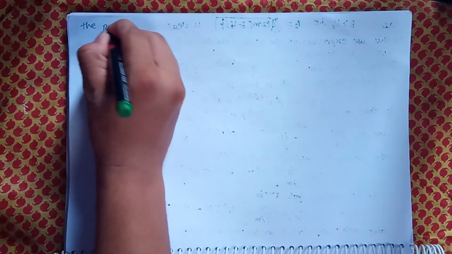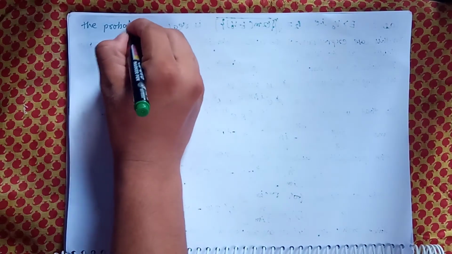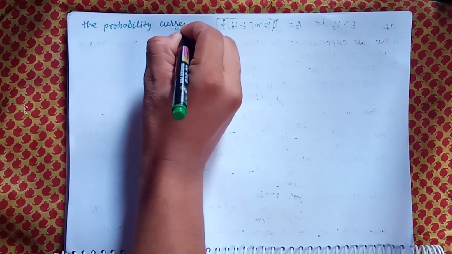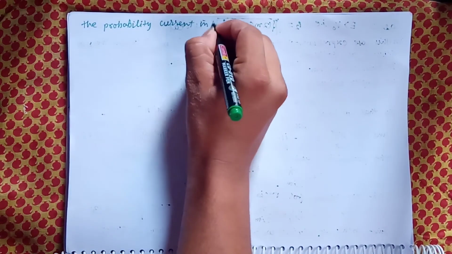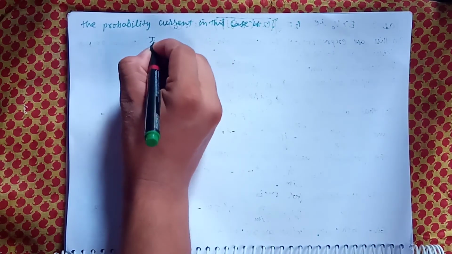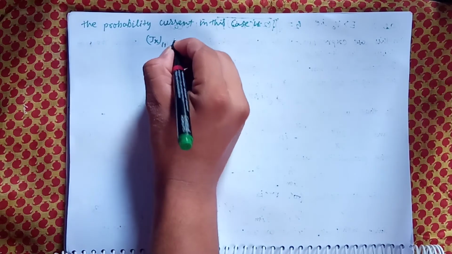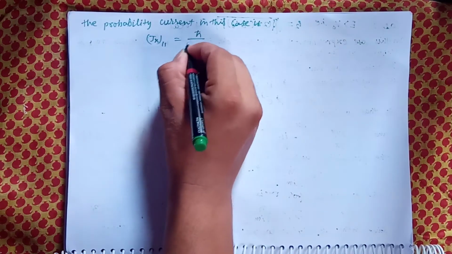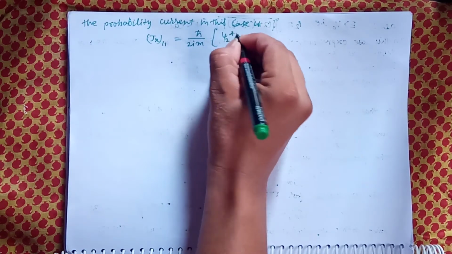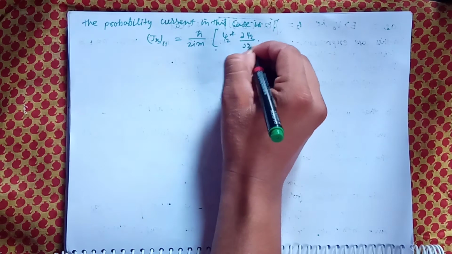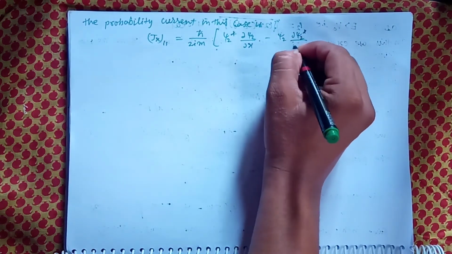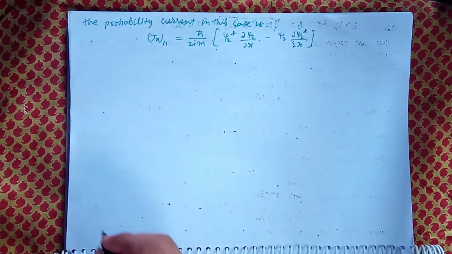The probability current in this case is jx second is equal to h cross over 2 iota m (psi 2 star del psi 2 over del x minus psi 2 del psi 2 star over del x).